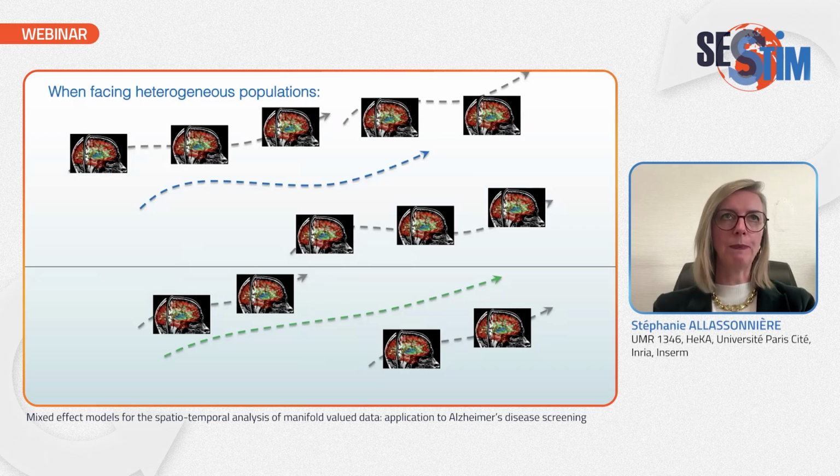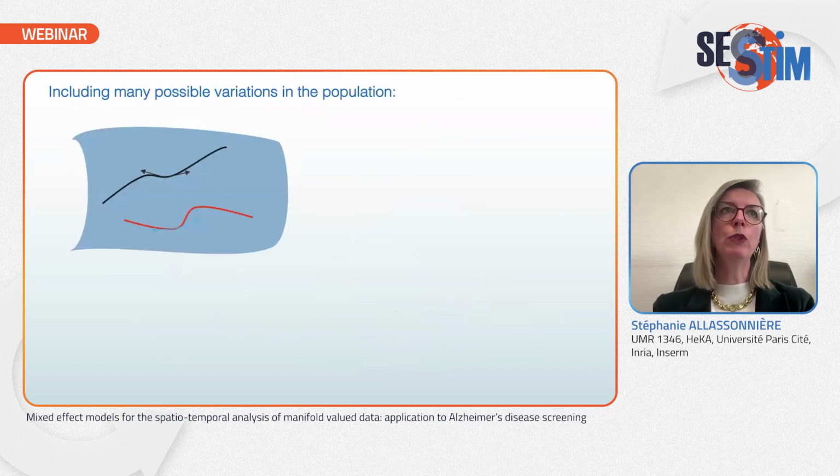Okay, what we were also able to produce are, as I said, the average trajectory is geodesics. What does it mean?